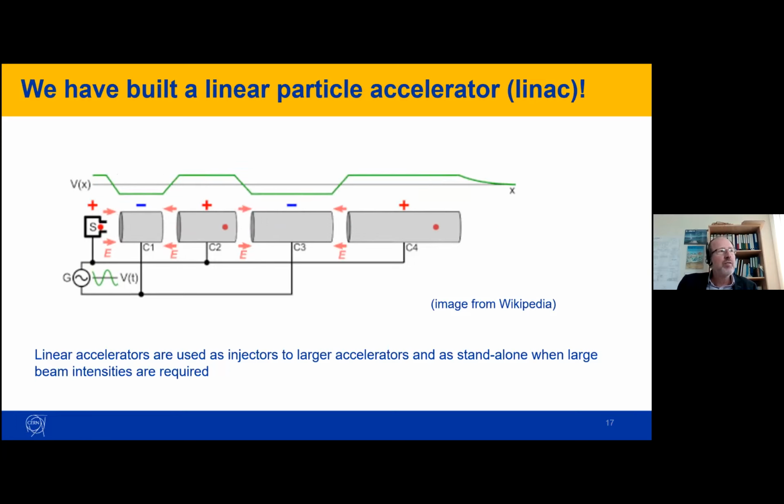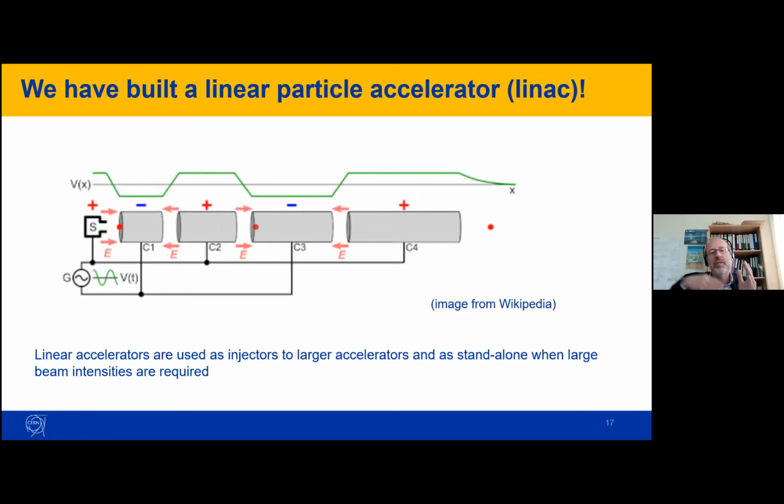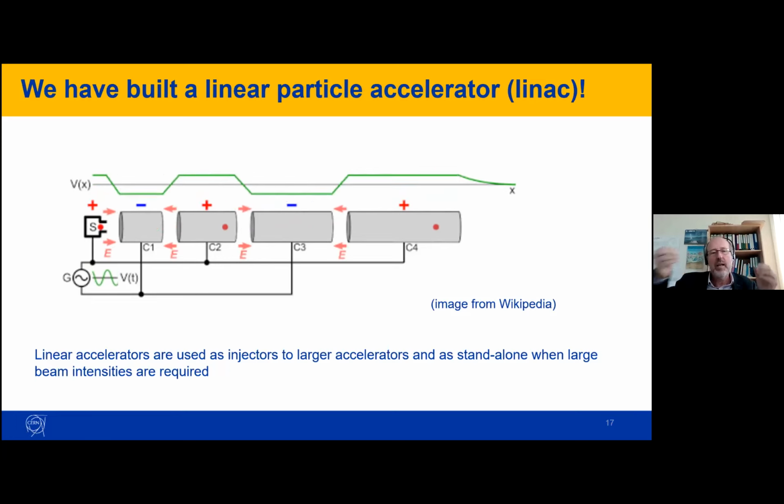But the time for one particle to go from one gap to the other must be constant. So if the velocity increases, to keep the time constant, we have to increase the length. And so the tubes become longer and longer.